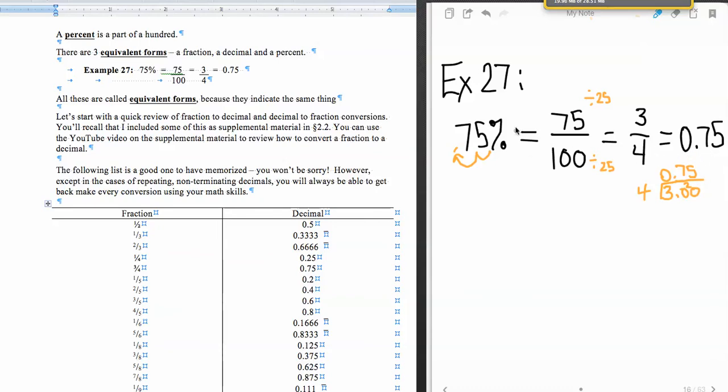Now we can also move straight from here to here as well, because we can just read this as parts of 100, and parts of 100 means dividing it by 100.